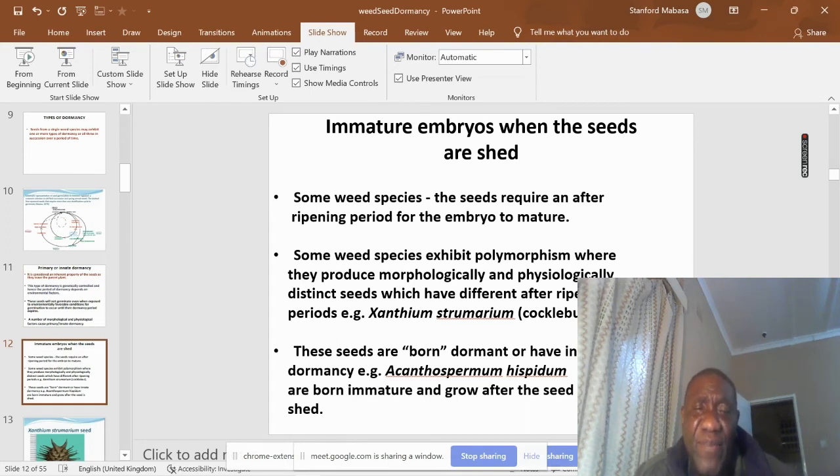Now, when you have mature seeds of this weed, the seeds are already dormant when they are leaving the plant. The reason is that the embryo inside is not mature, but after the after ripening period, you have a mature embryo.